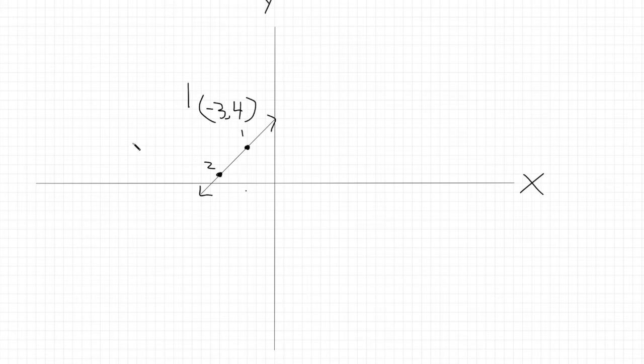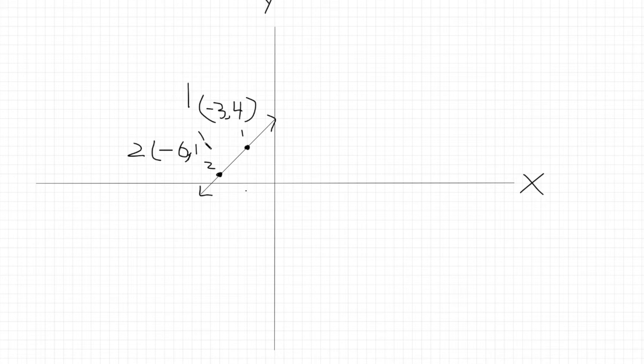Now let's find the coordinates of point 2. Point 2 is -1, 2, 3, 4, 5, 6. And the y is 1. You just see it by looking right here.